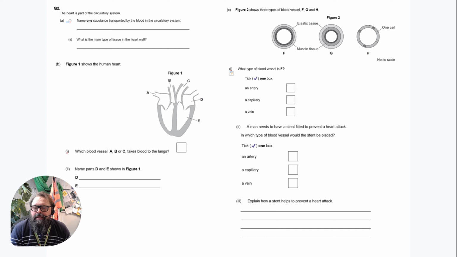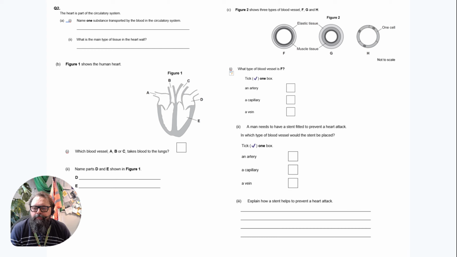Okay, the question here is asking you which of the blood vessels A, B, C takes blood to the lungs, and so going out of the heart, so it would be B and C, so we're down to those two.